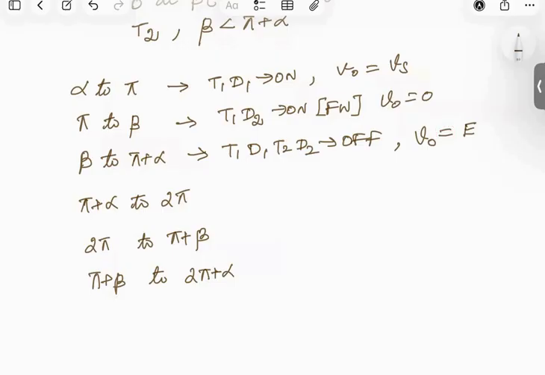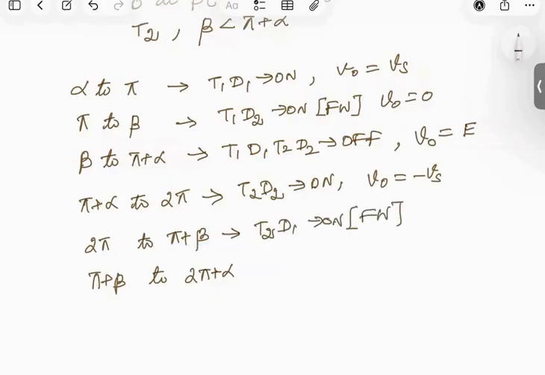Then from pi plus alpha to 2 pi, T2 and D2 will be in on condition, so V0 will follow minus Vs. From 2 pi to 2 pi plus alpha, T2 and T1 will be on, which is nothing but the freewheeling mode, which results in V0 equal to 0.